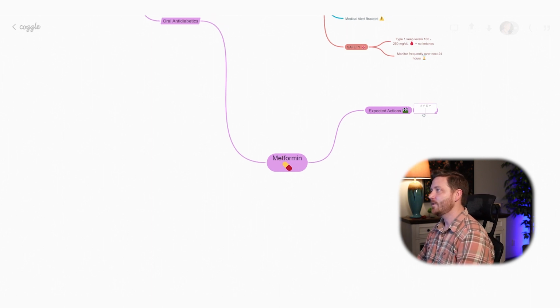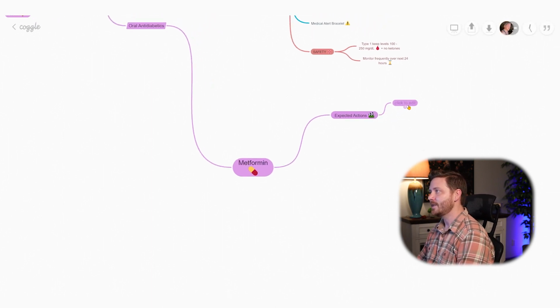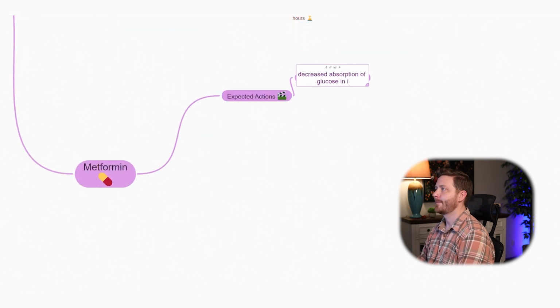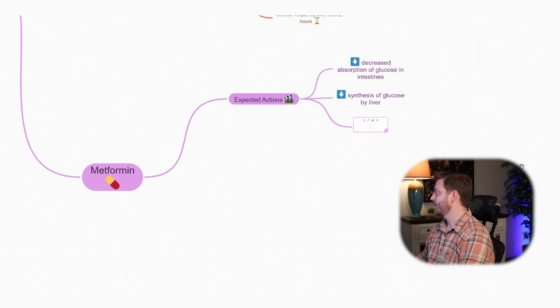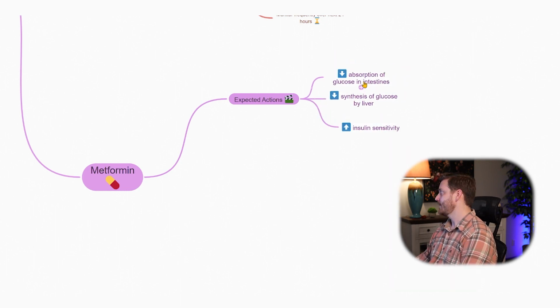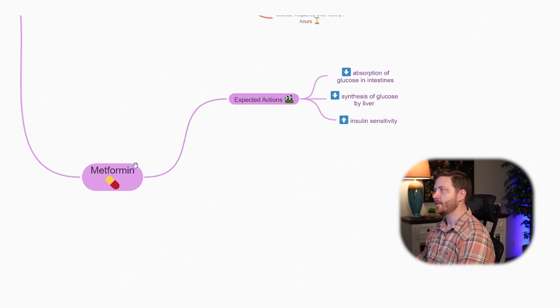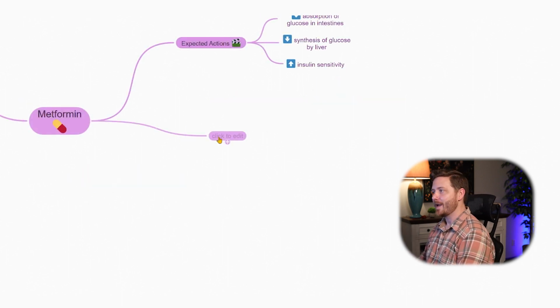So let's just go ahead and jot those 3 things down here. So whenever metformin is given, we can expect these 3 things to help manage that blood glucose regulation within these patients.